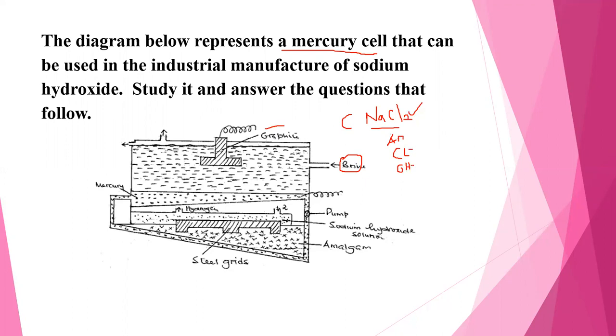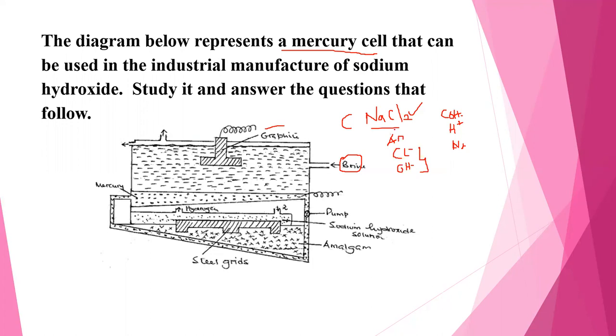The hydroxyl ion is from water, because sodium chloride dissolves in water, concentrated one. Then at the cathode, there is reduction, where we will have two positively charged ions, the hydrogen ion and the sodium ion.